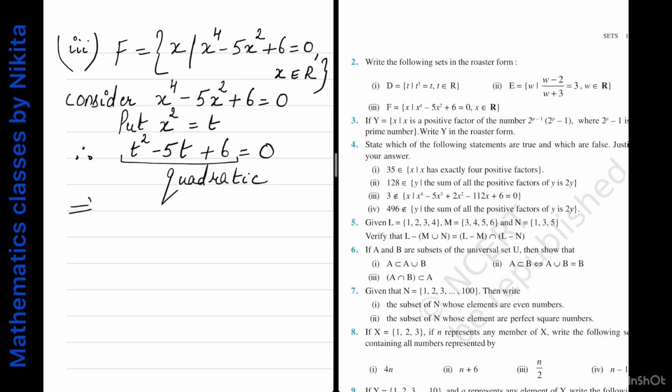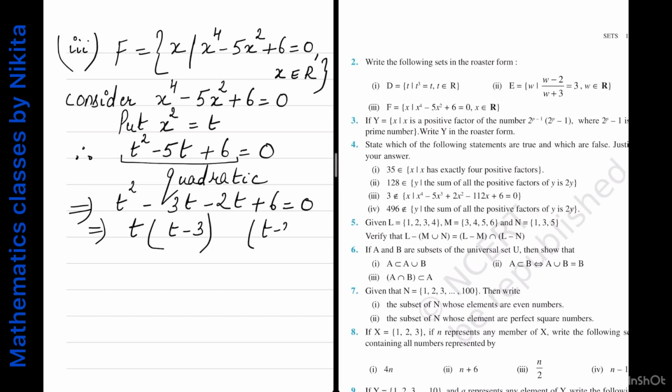So this implies what? I will have t square minus 3t minus 2t plus 6 is equal to 0, and from here I will have two factors, which are t minus 2 and t minus 3.